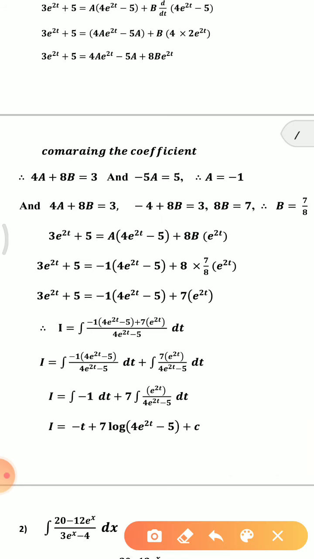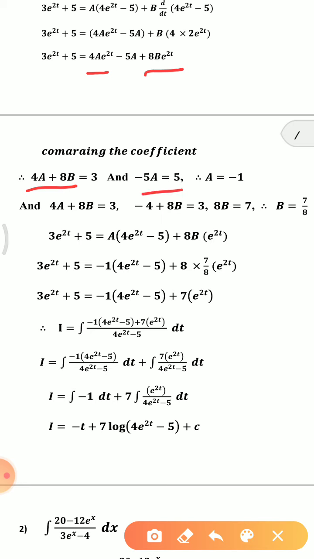Then comparing the coefficients on both sides: 4A e^(2t) and 8B e^(2t), so 4A + 8B equals 3, the coefficient of e^(2t) on the left side. The remaining term, -5A, equals 5.